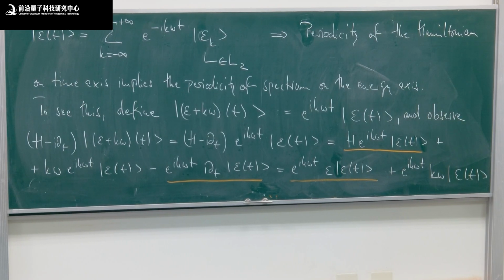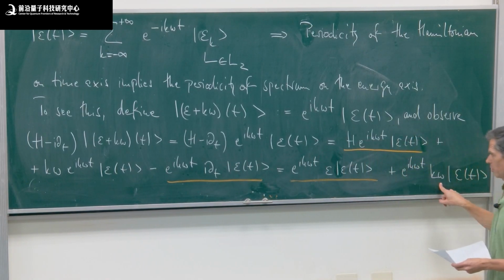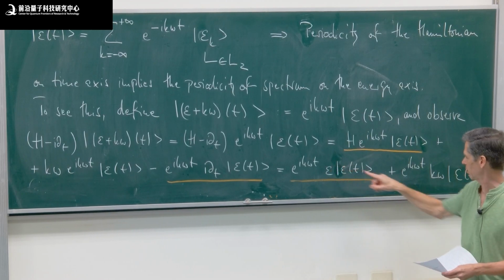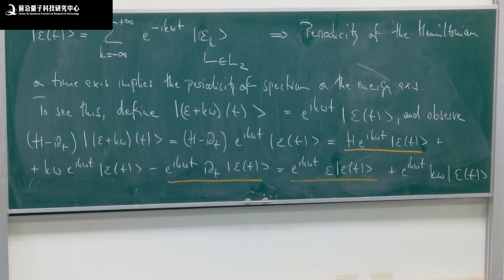And this is equal to epsilon plus k omega times e to the i k omega t epsilon of t.